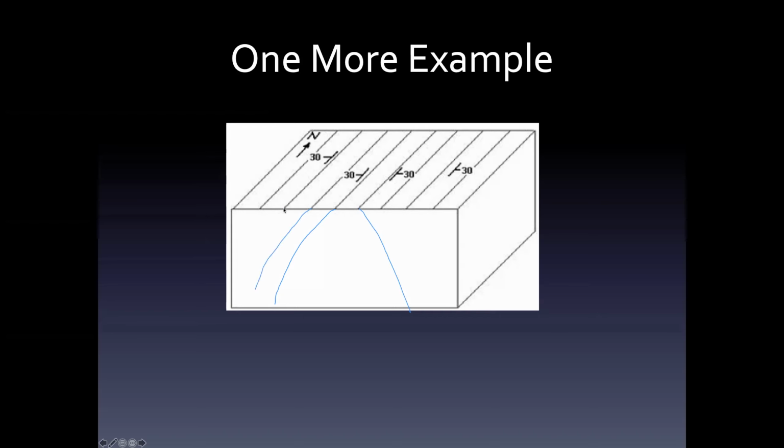And forgive my lines. I'm just going to put these in fairly quickly. And the ones that make contact over here would come across there. Of course, again, we'd have to label these. And you'd have to decide what is the youngest and what is the oldest if we were looking at this.